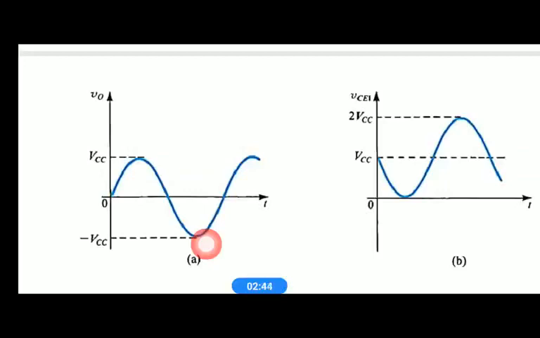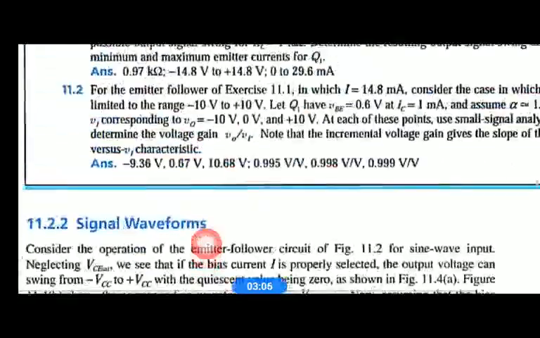When VBE1 is 0, the transistor Q1 does not depend on the applied input Vi. The transistor Q1 is conducting here. The current flowing through transistor Q1 is I due to this biasing.